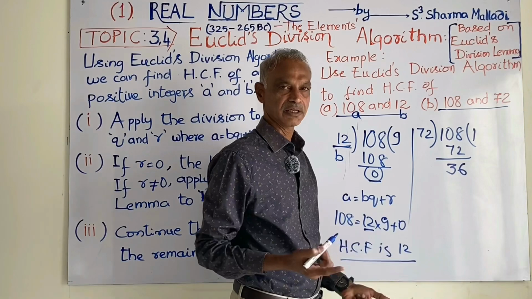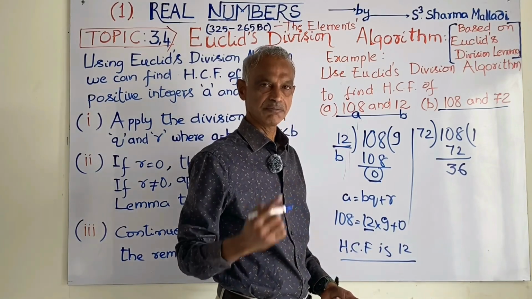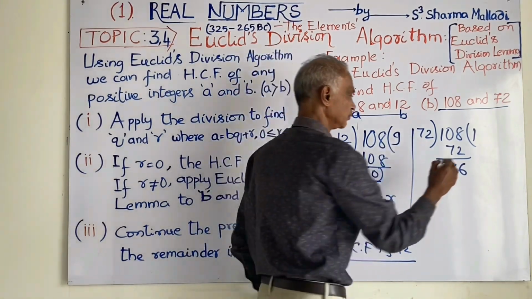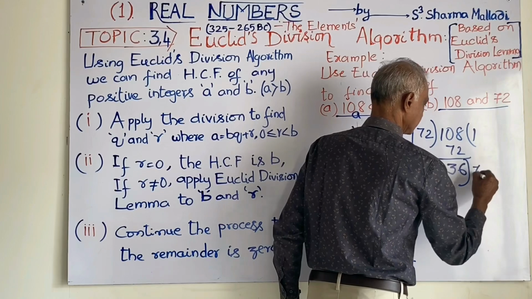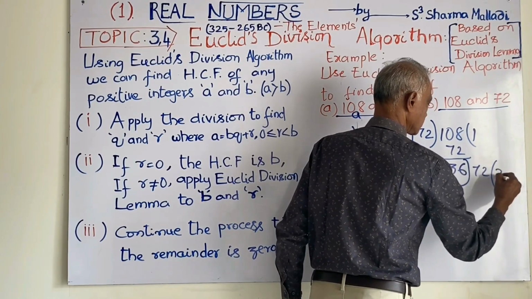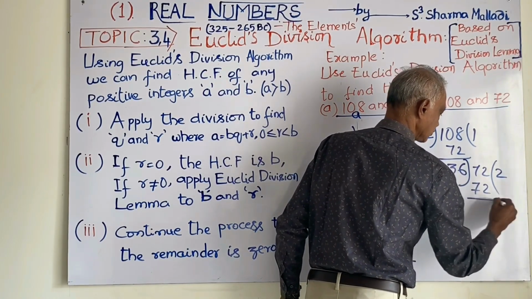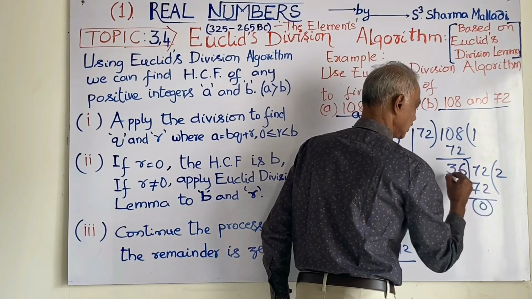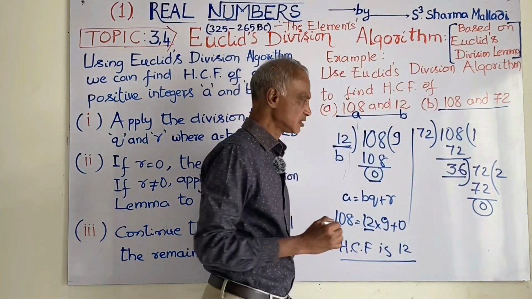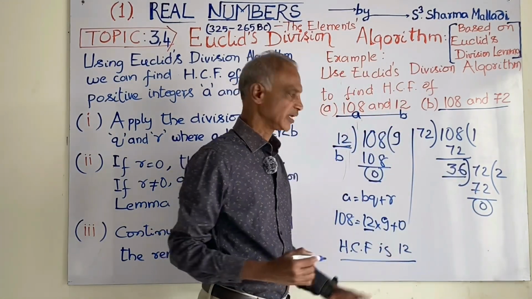We have to apply Euclid's division lemma to 72 and 36. Again, what do I have to do? 36 2s are 72, and you got remainder as 0. What is the HCF here? 36 is the HCF.